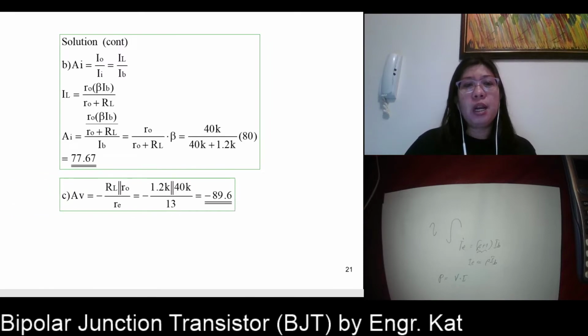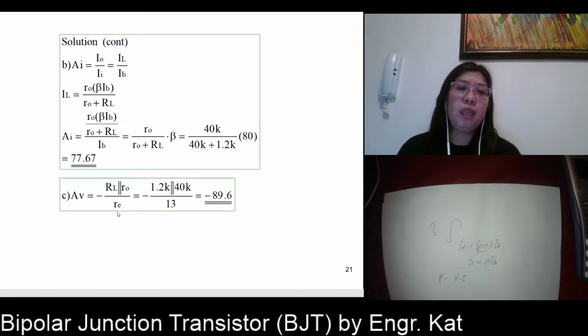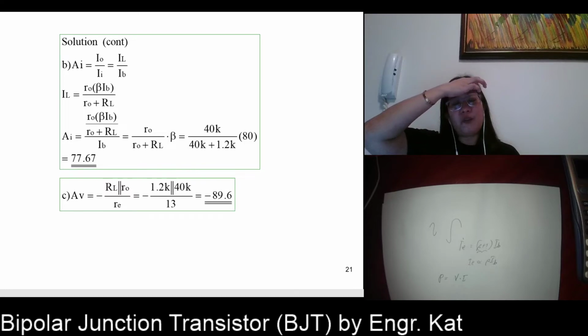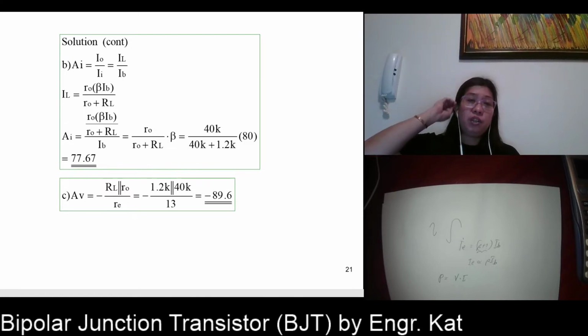So your voltage gain is RL parallel RO divided by your RE. So it is negative 89.6. What is the effect of your RO? The voltage gain dropped. If we have an RO, the main effect is to lower down your voltage gain from the previous negative 246.